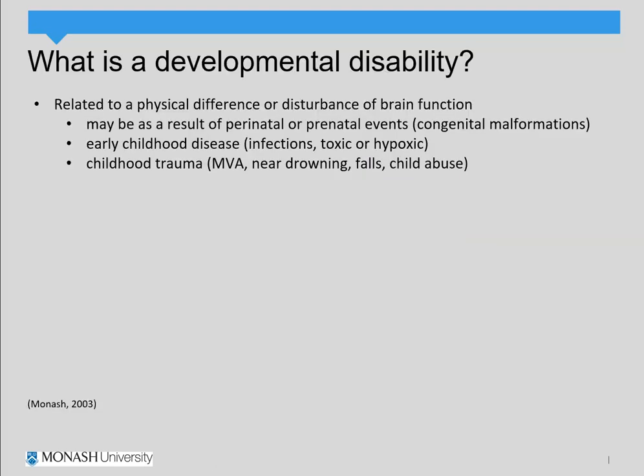Okay, so moving on from physical disability, now we're going to talk about developmental disability. Developmental disability is related to physical difference or a disturbance in the function of the brain. It may be as a result of perinatal or prenatal events, and that's where we're talking about things like congenital malformations in the brain or DNA.